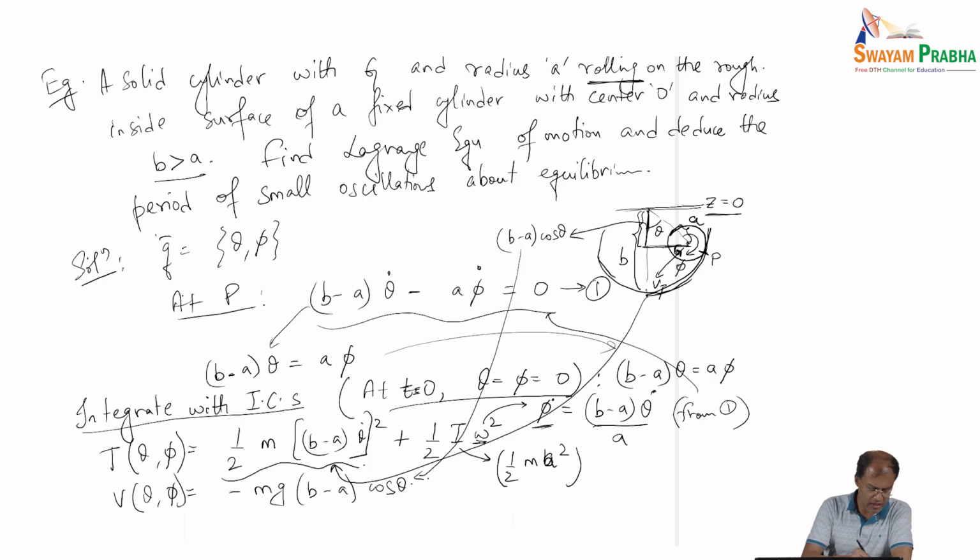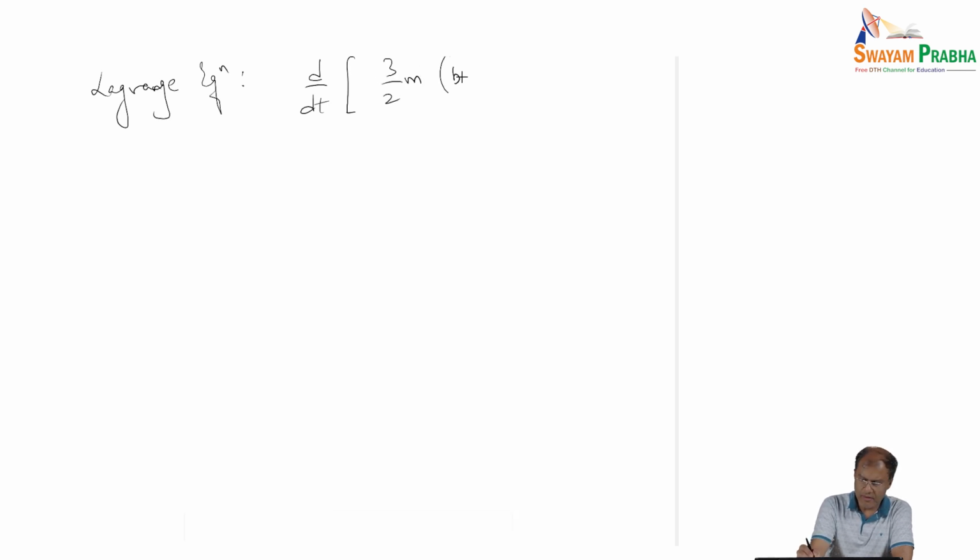So we have just one Lagrange equation, and we see that it comes out to be d dt of 3 by 2 m (B minus A) squared theta dot, equals minus mg sine theta times (B minus A).